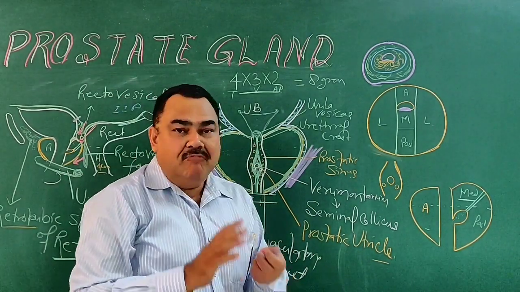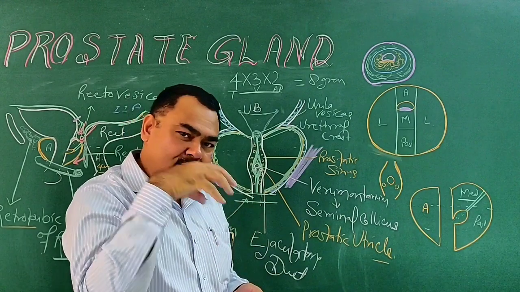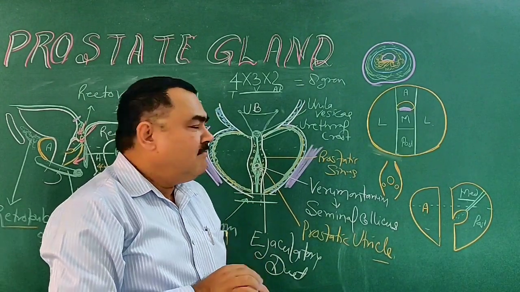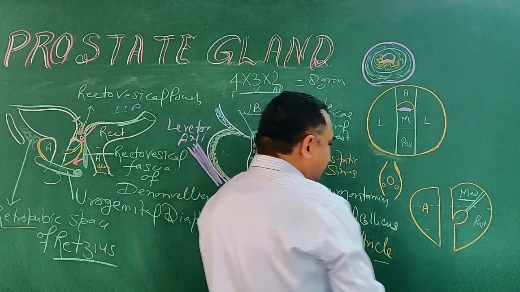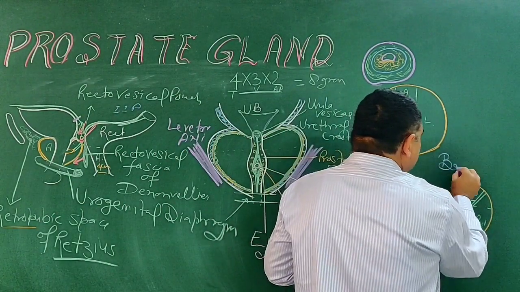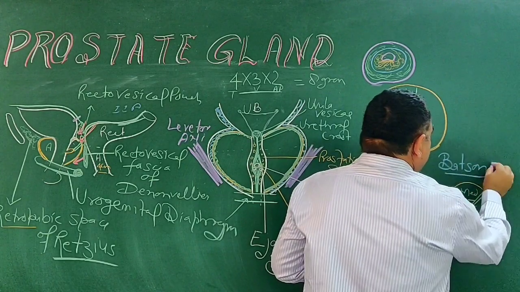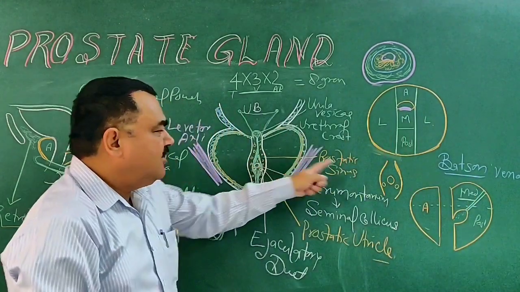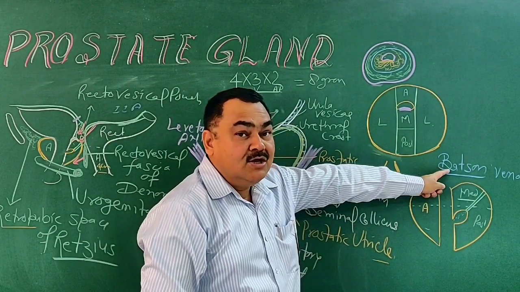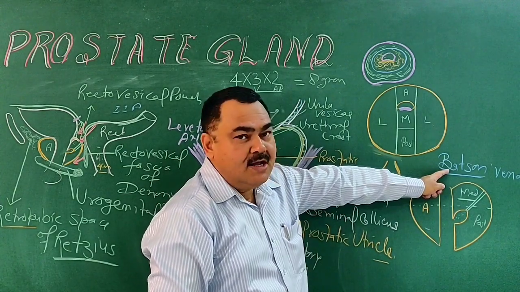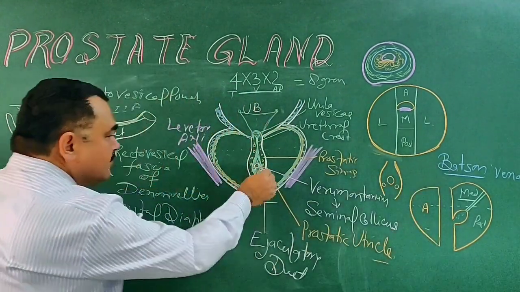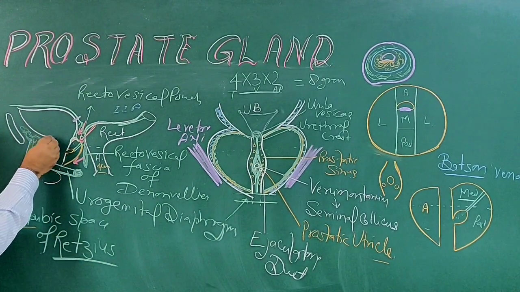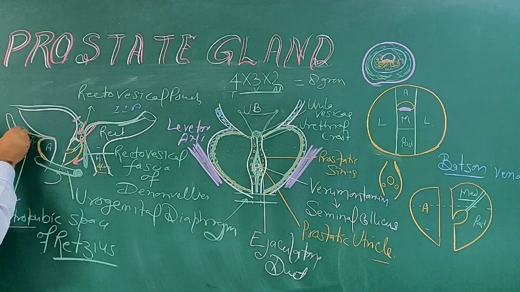Around the vertebra and in the inner substance of the vertebra there is a venous plexus known as Batson's venous plexus. This venous plexus communicates with it through the posterior prostatic ligament. And also there is the anterior prostatic ligament, which is attached to the base of the prostate.